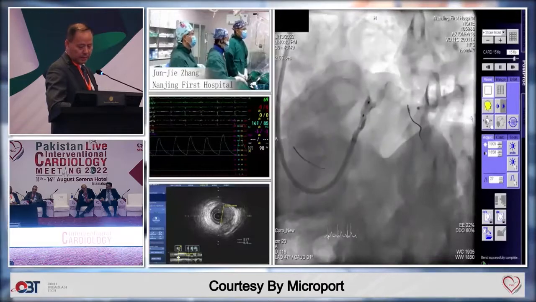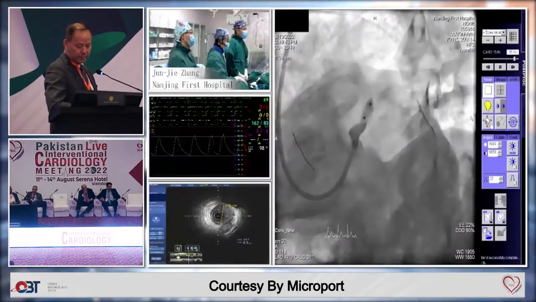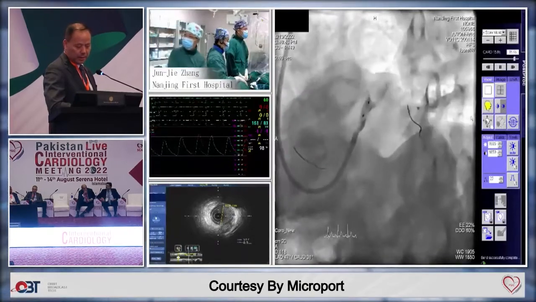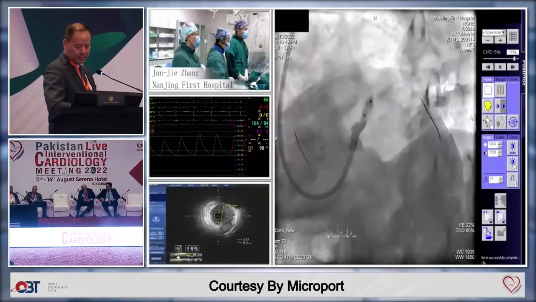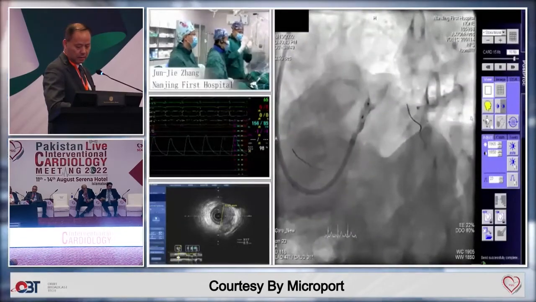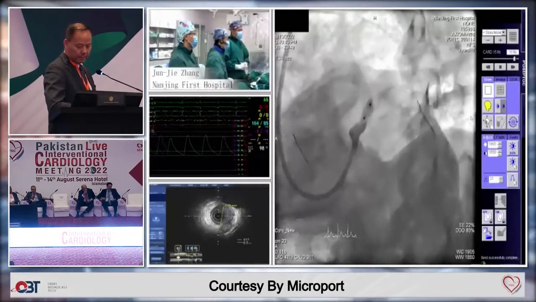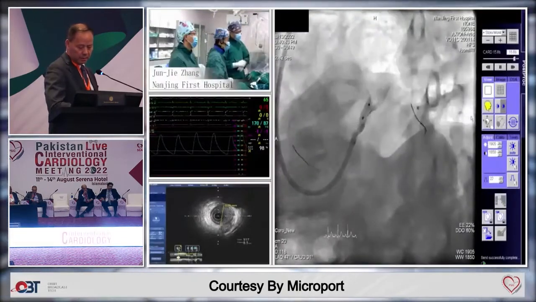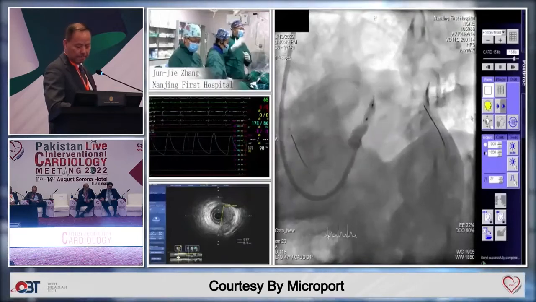So do you plan to use another large NC balloon to crush again, or just leave it? Yeah, I fully agree with you, Prof. I will use a short balloon, which we named as a port balloon. It's a domestic balloon, very short, only 6 to 8 millimeter. But I will upsize the balloon.